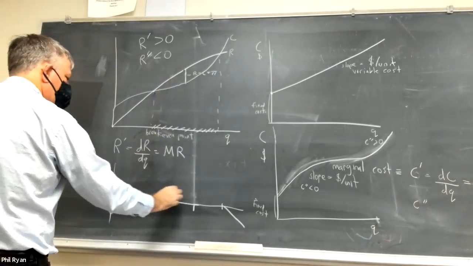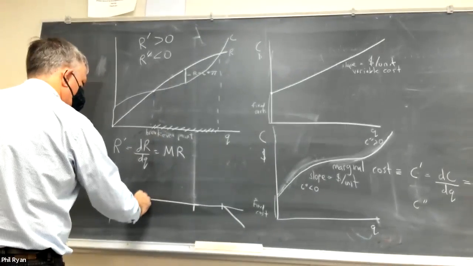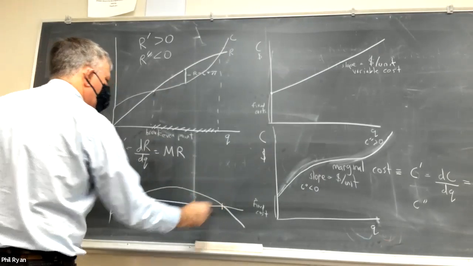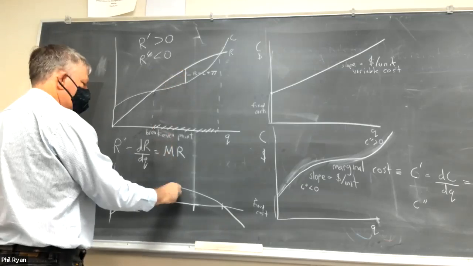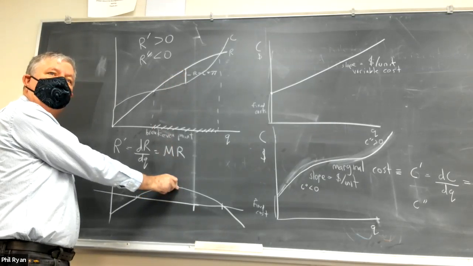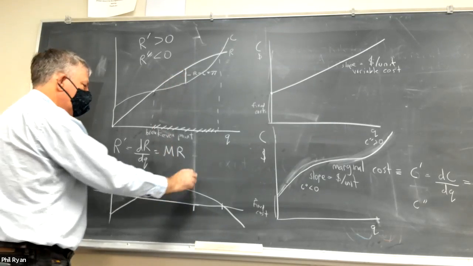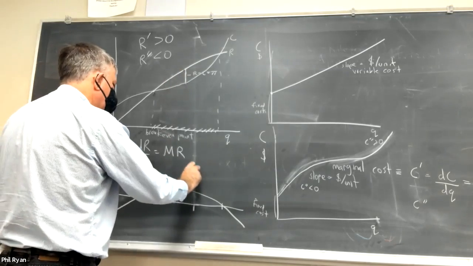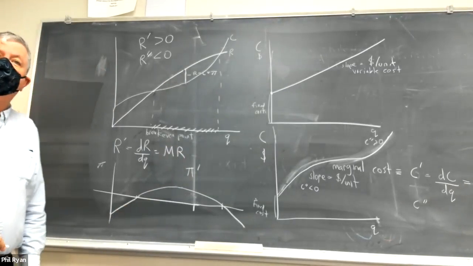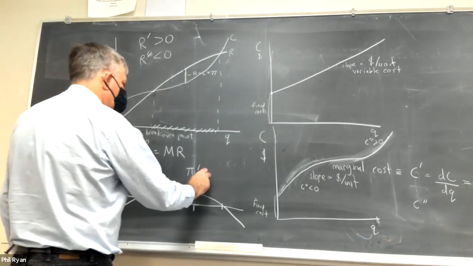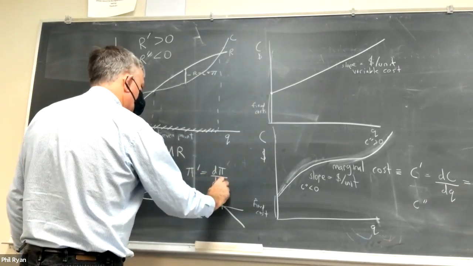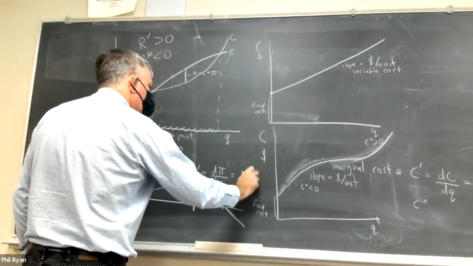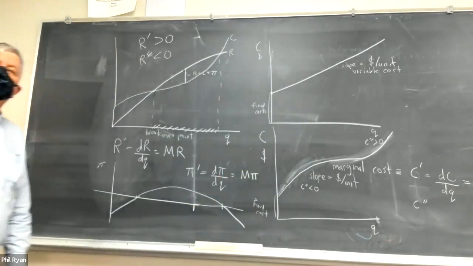And up here it kind of looks like that, right? Where this point here corresponds to this maximal here. Okay? And so we can talk about the derivative of the profit function. That's the same thing as d pi dq, and that's the same thing as marginal profit.